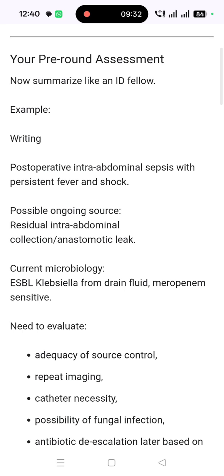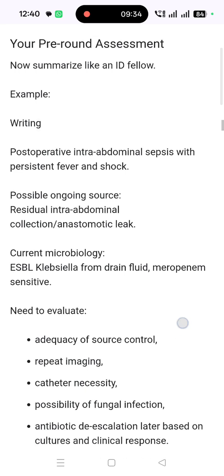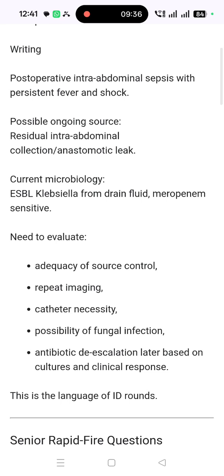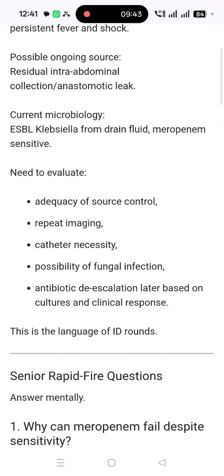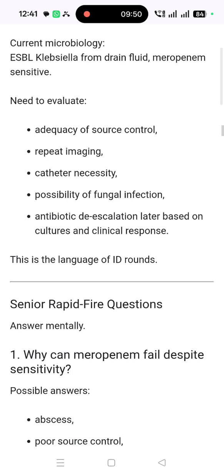We should know the source of infection and what you get in culture: ESBL Klebsiella from drain fluid, meropenem sensitive. What you need to evaluate: adequacy of source control, repeat imaging, catheter necessity, possibility of fungal infection, antibiotic de-escalation based on cultures and clinical response. So this is the language of the infectious disease round.